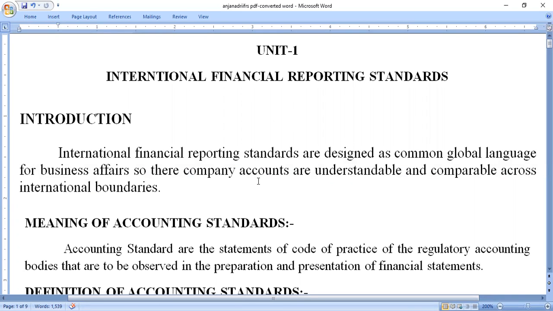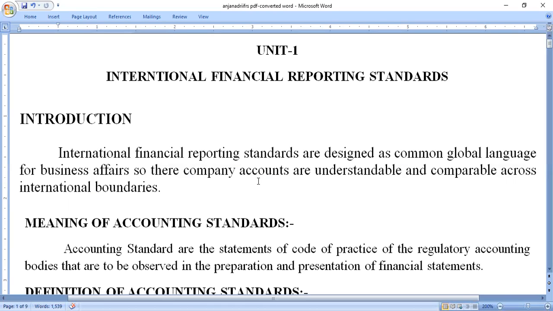So it is an opportunity given by the accounting standard, which we call International Financial Reporting Standards. Accounting standards are the rules to be followed by accountants to maintain books of accounts which are comparable, understandable, reliable and relevant as per the users.